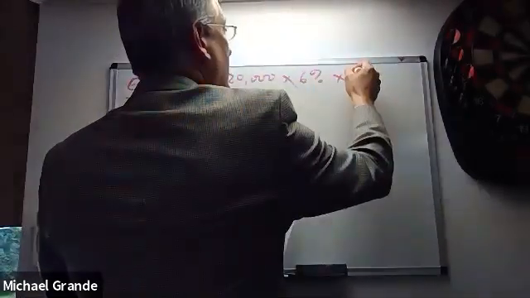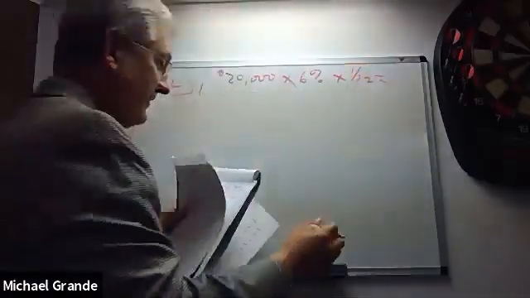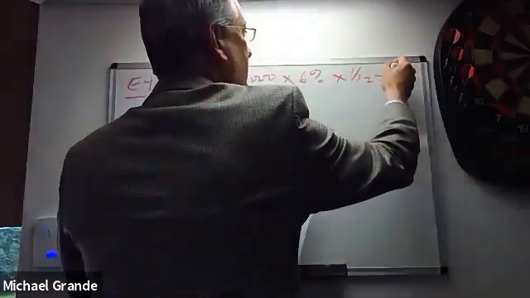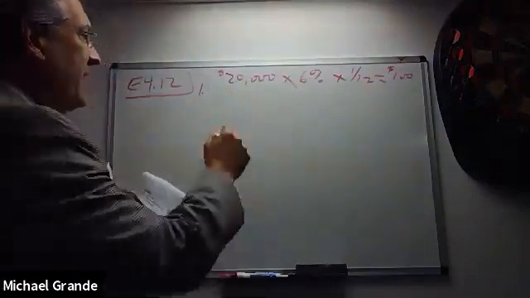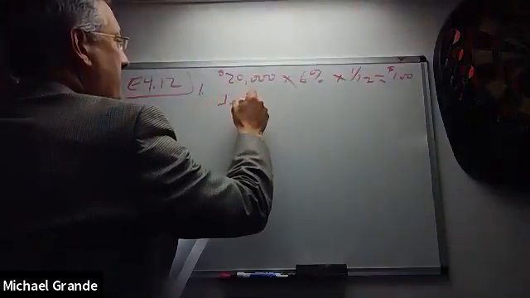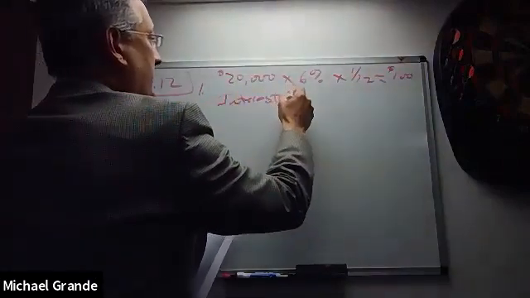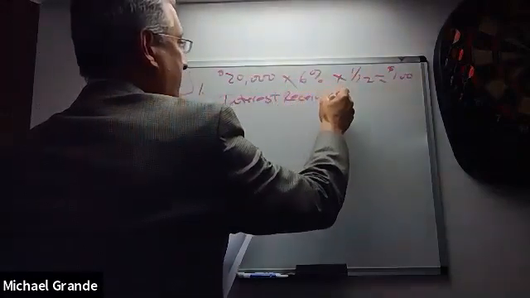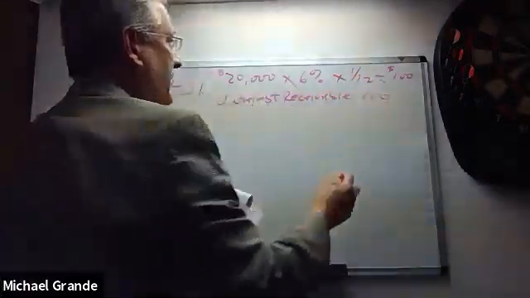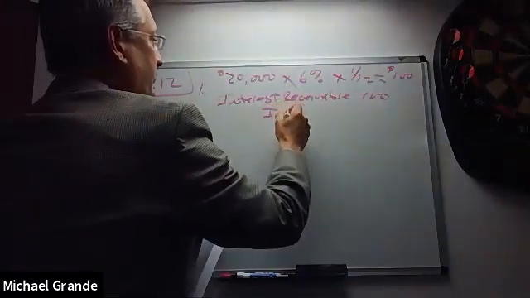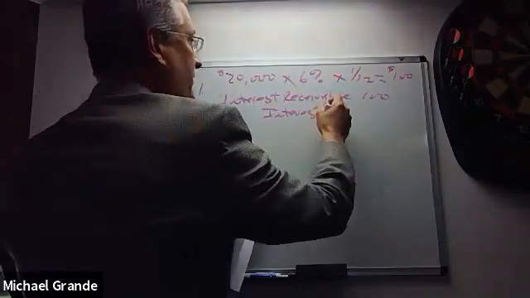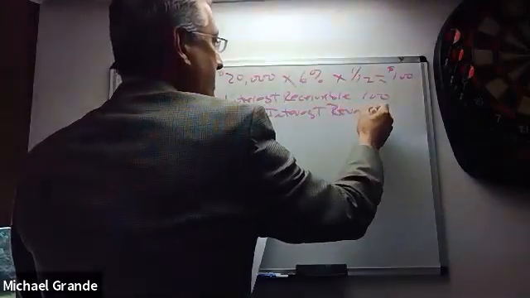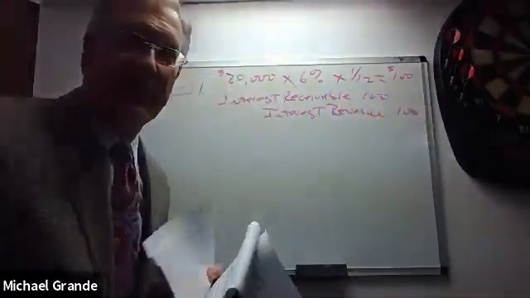And for 1/12, 1 month of the year, it's $100 of interest income. So we have a debit to interest receivable of $100 and a credit to interest income or interest revenue of $100 as well.